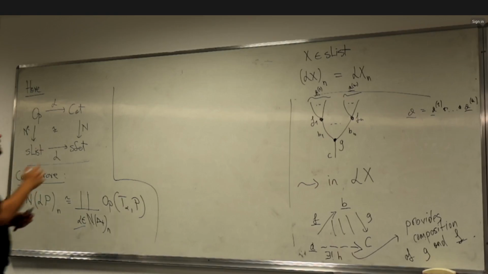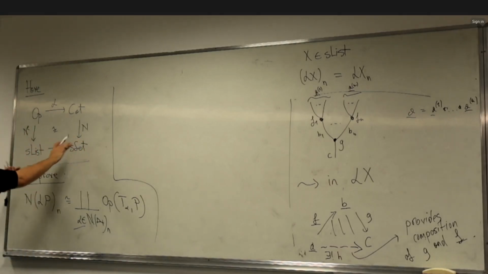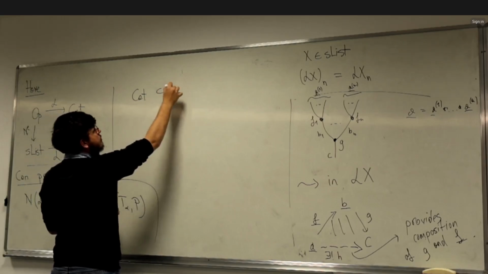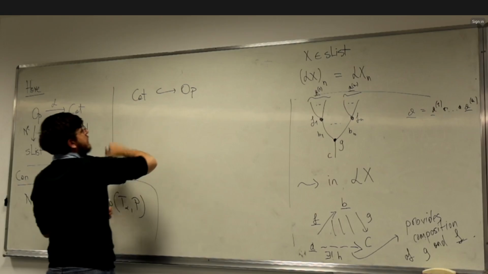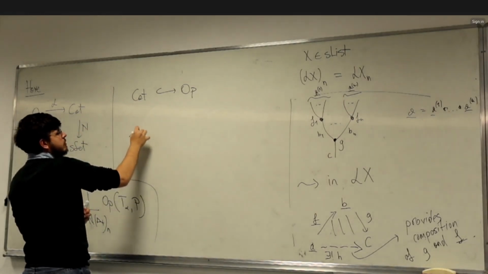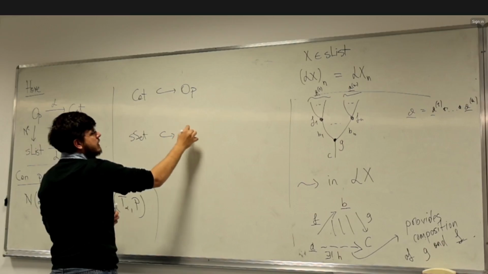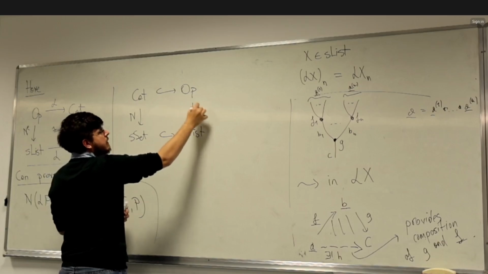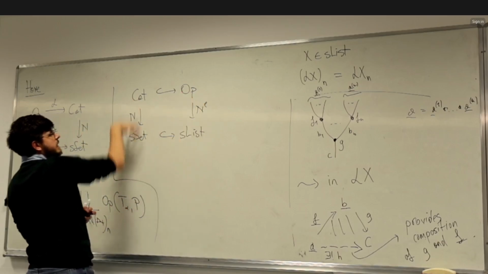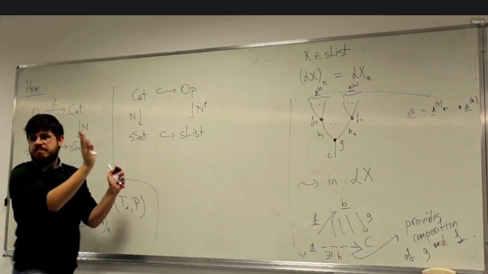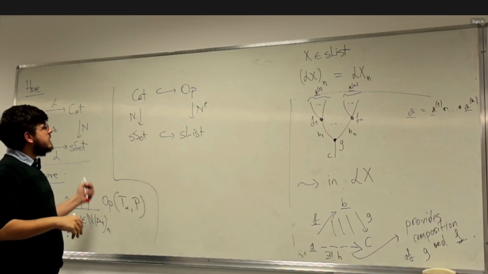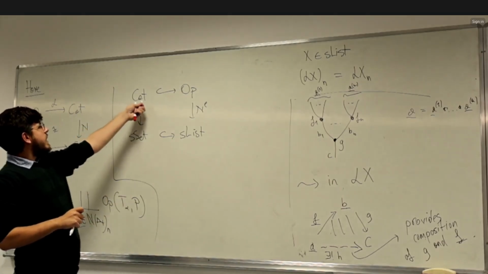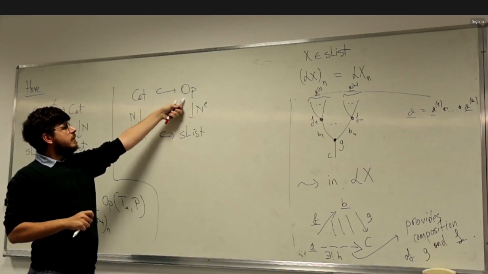Another thing to point out besides this is that we have an inclusion of categories into operads, and an inclusion of simplicial sets into simplicial lists. And of course, our nerve here extends the nerve here. This is, I hope, fairly simple: say you have a category, you consider it as an operad.